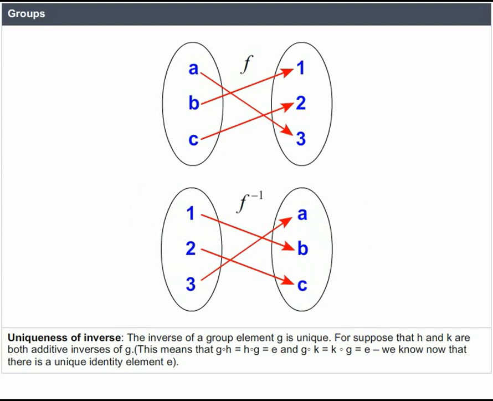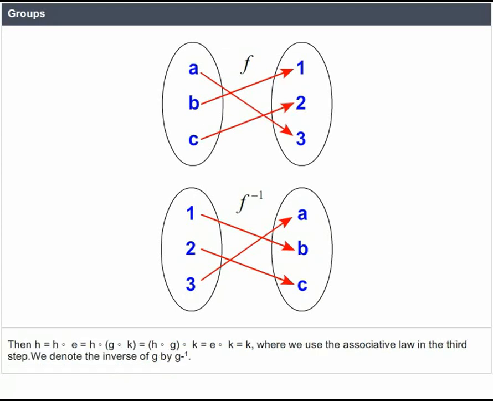This means that g∘h = h∘g = E, and g∘k = k∘g = E. We know now that there is a unique identity element E. Then h = h∘E = h∘(g∘k) = (h∘g)∘k = E∘k = k, where we use the associative law. In the third step, we denote the inverse of g by g^-1.